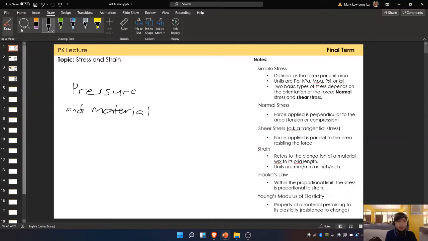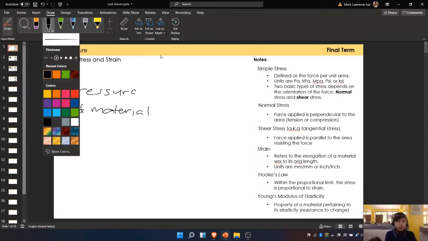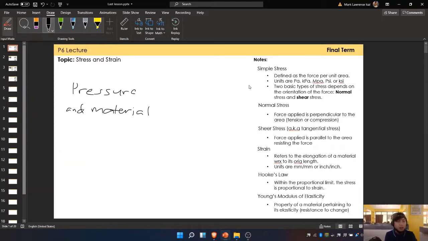When we talk about pressure and material, our idea is that something such as a material experiences a pressure.